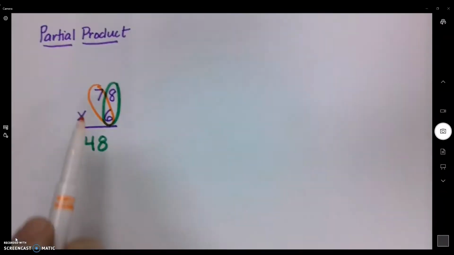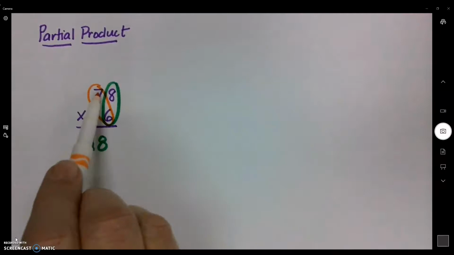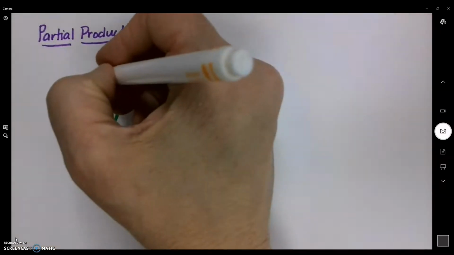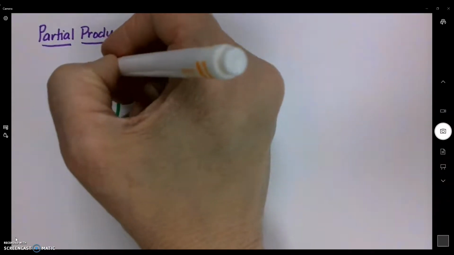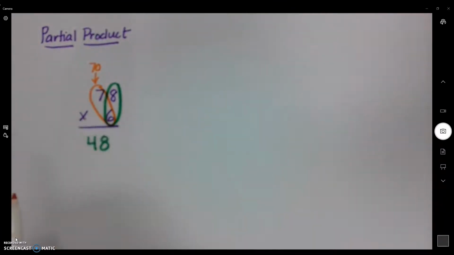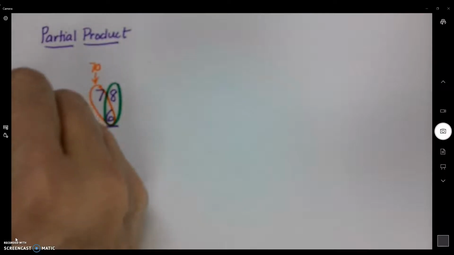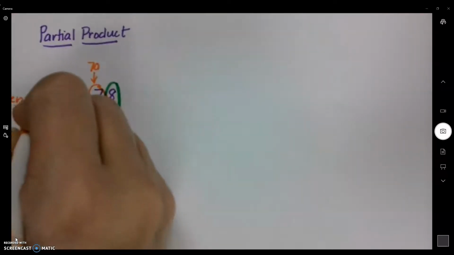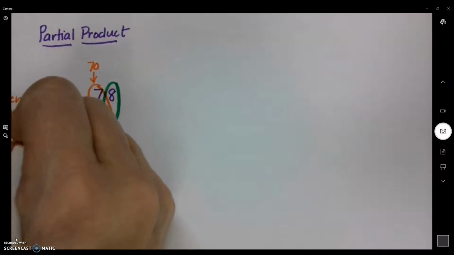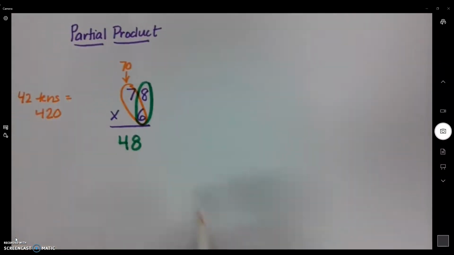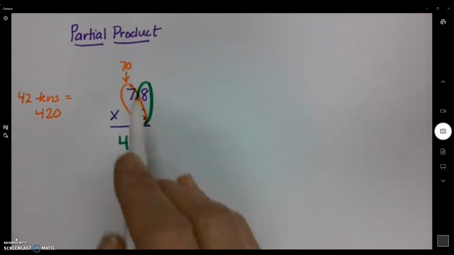So now I'm going to look at my 7 times 6, but remember that that 7 is in the tens place, so it's actually 70. And I know that 7 times 6 is 42, and I know that 42 tens is the same as 420. So I'm going to take that 7 times 6 and make it 42 tens, which is 420.